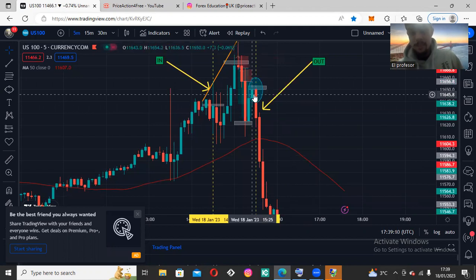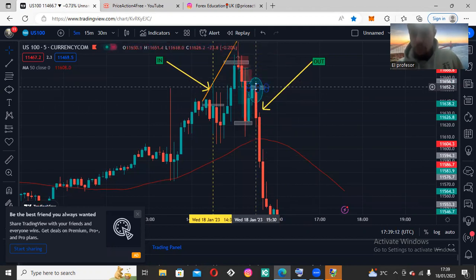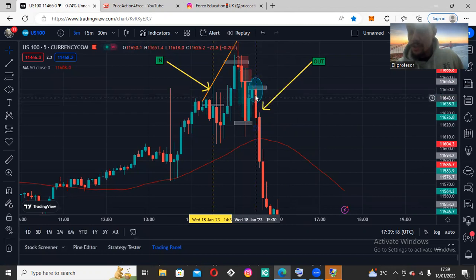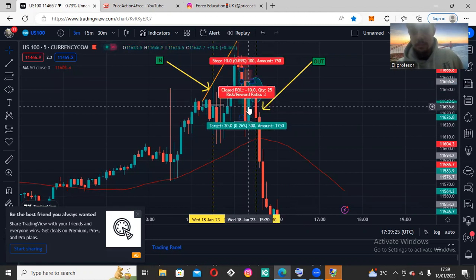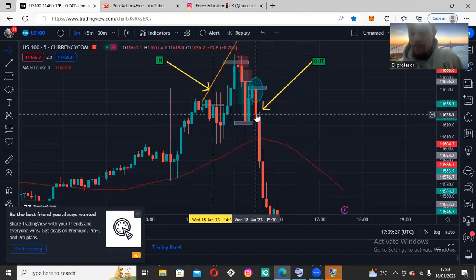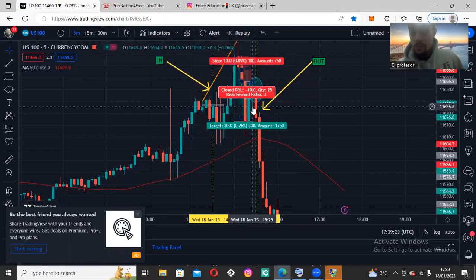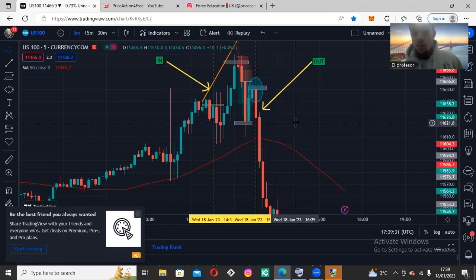To me, the first confirmation is resistance, with a strong body candle, and the price broke the previous low and the body closed below the previous low.